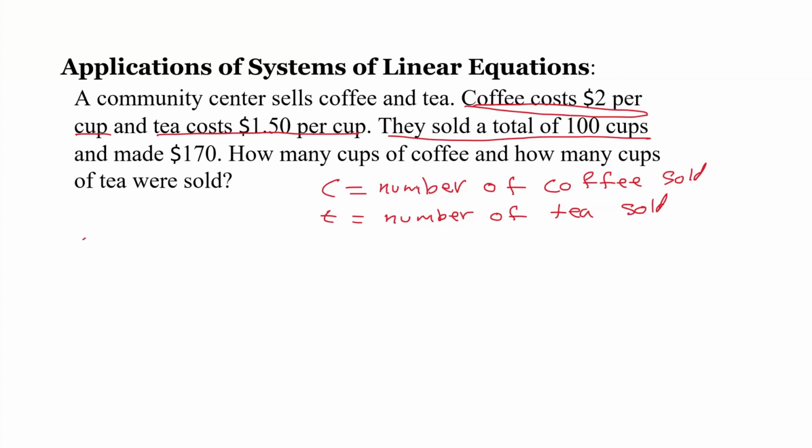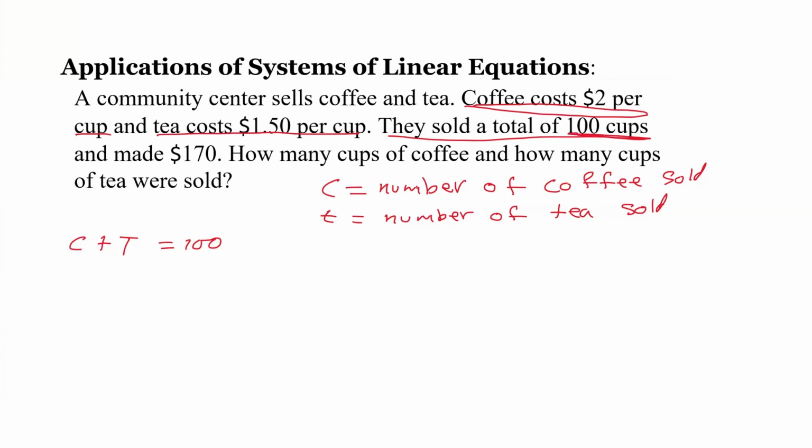So if you take the amount of coffee, which is C, plus the number of tea that were sold, T, then that should be 100, right? Because C represents the number of coffee and T represents the number of tea. Whatever those numbers are, when you sum them together, you get 100 because 100 cups were sold.